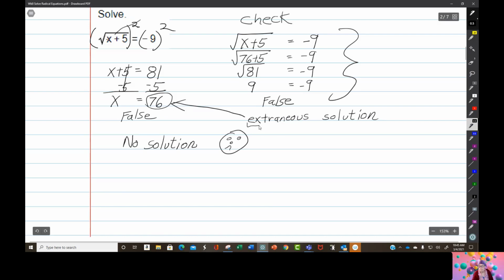Notice the word extra in front. That's what extraneous means. It's an extra answer that you don't need, and you get it because you squared both sides of the equation. Sometimes, but not all the time, when you square both sides of the equation, you get an extraneous solution. But the problem is you don't know when it's going to happen. And that's why you have to always check your answers with this kind of problem.